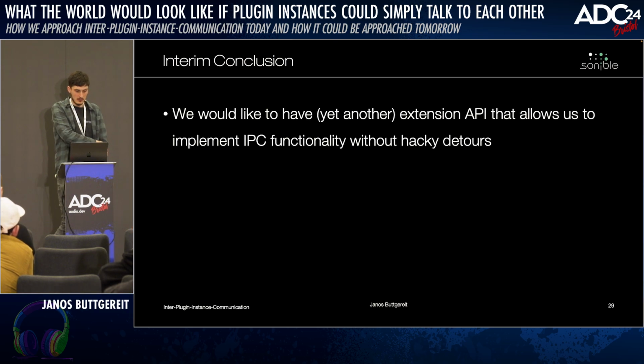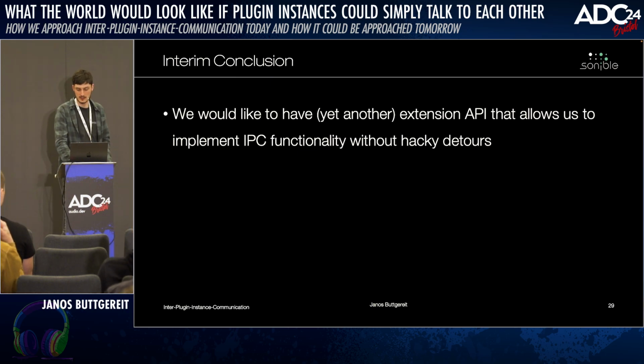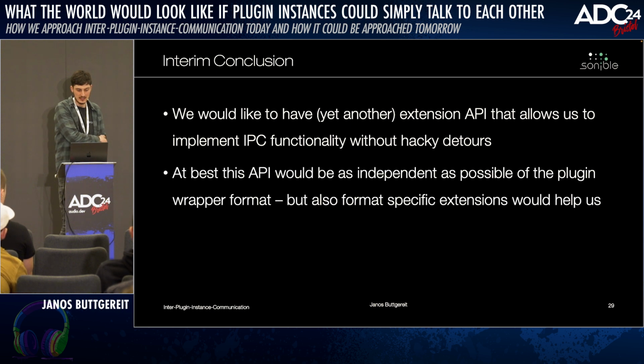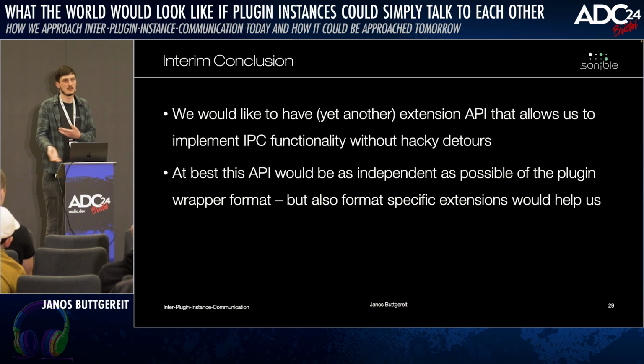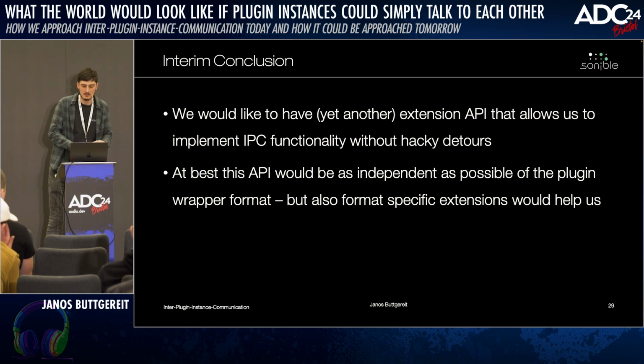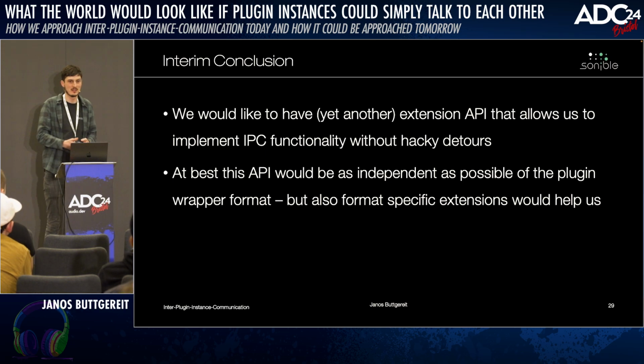So let me draw a conclusion. We would at best like to have another extension API that allows us to implement all this functionality without all those hacks. And at best, of course, this API would be as independent as possible of the individual plugin wrapper formats, because we support different hosts. But we would also be happy with vendor-specific extensions for certain formats to start with.